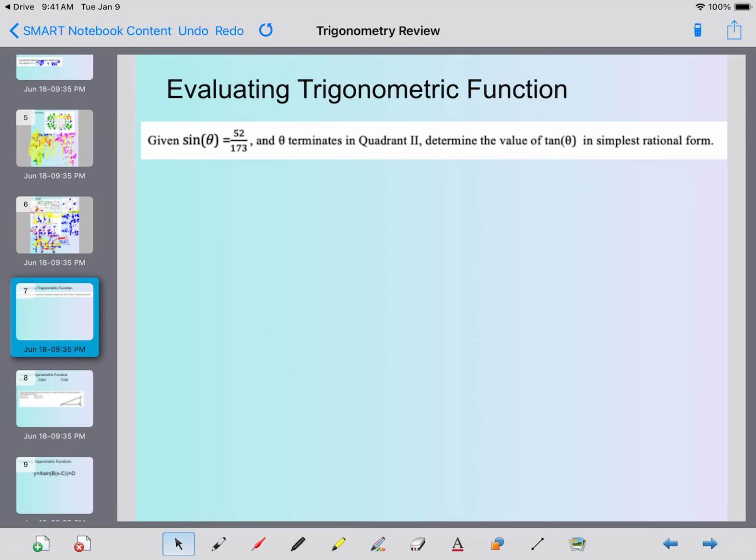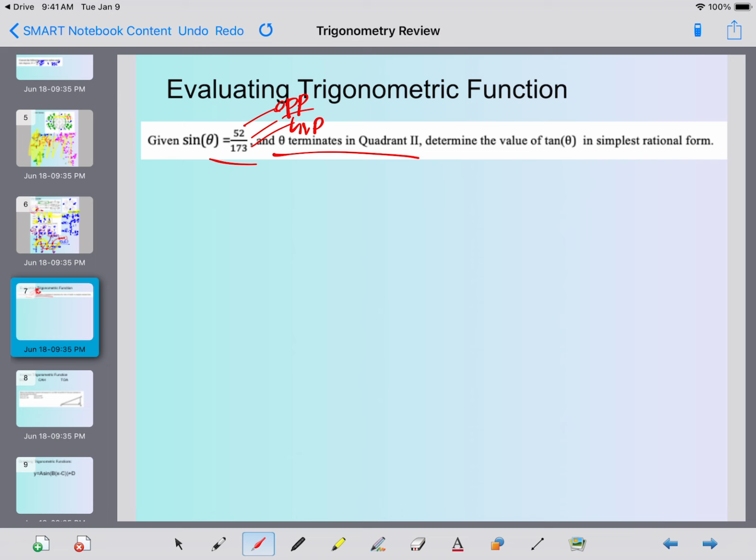Evaluating trig functions. So we have sine here. Remember, sine we know is opposite over hypotenuse, right? So since it's going to be proportionate, you could say this is your opposite, this is your hypotenuse. It also says that it terminates in quadrant 2.